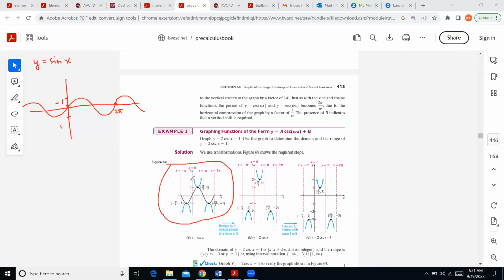You can see the cosecant is in blue, and the way it's produced is by taking the points of intersection, since cosecant of x is actually nothing else but 1 divided by sine.